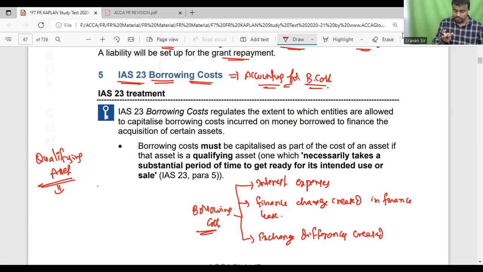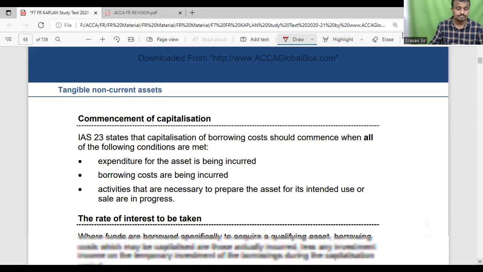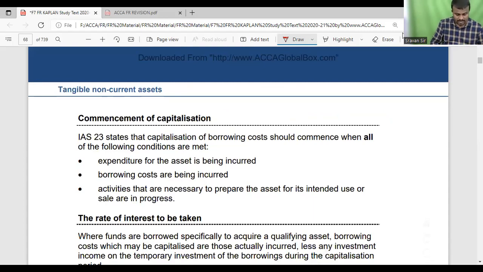If we purchase a flat from a constructed apartment, that is not a qualifying asset, because the flat is ready for usage and no extra period is required to get ready. So a qualifying asset means an asset which takes a substantial period of time to get ready for its intended use or for sale.